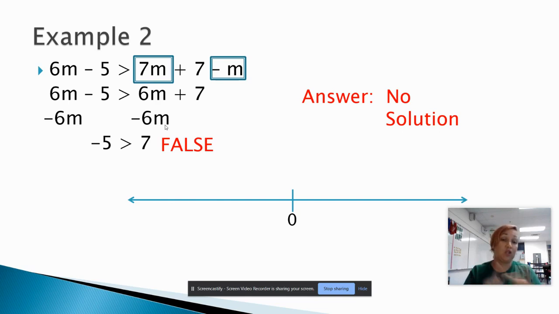You don't want to put any shading because as soon as you start drawing on the number line, you're now telling me that there is a solution to this problem. And there is not. So no circles, no shading. Just put the 0 for the reference point and then leave it empty. So an empty number line means no numbers on the number line are an answer, which is why the answer is no solution. This concludes today's video.